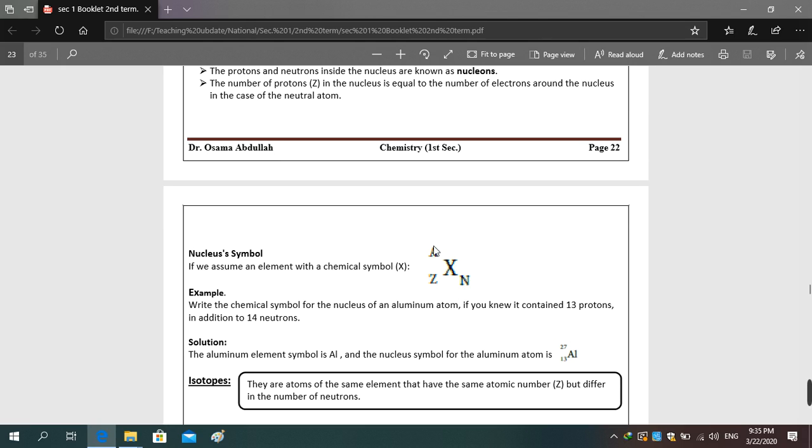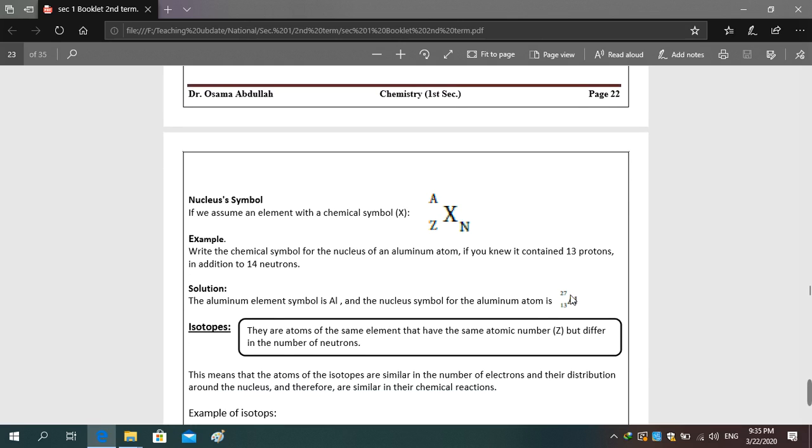So we have two main numbers here, the mass number and the atomic number, and the neutron number may be written or not.